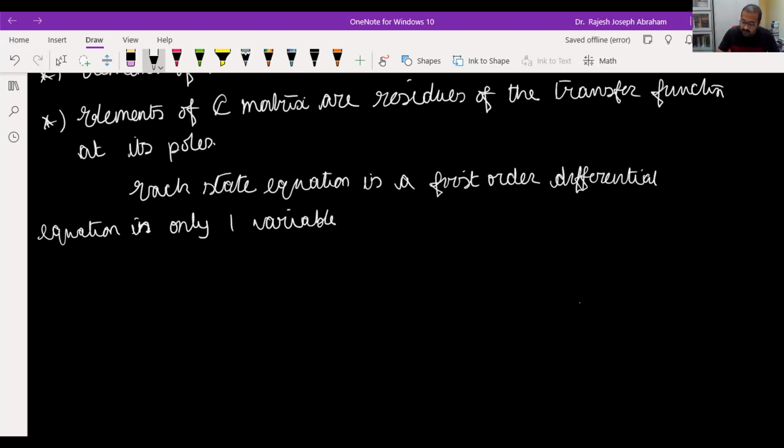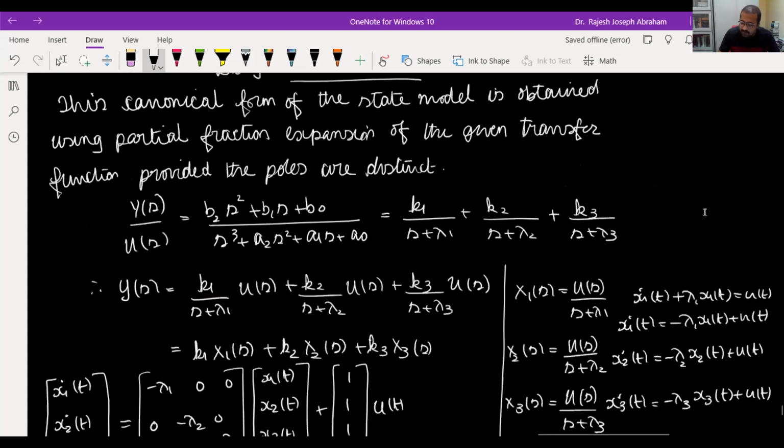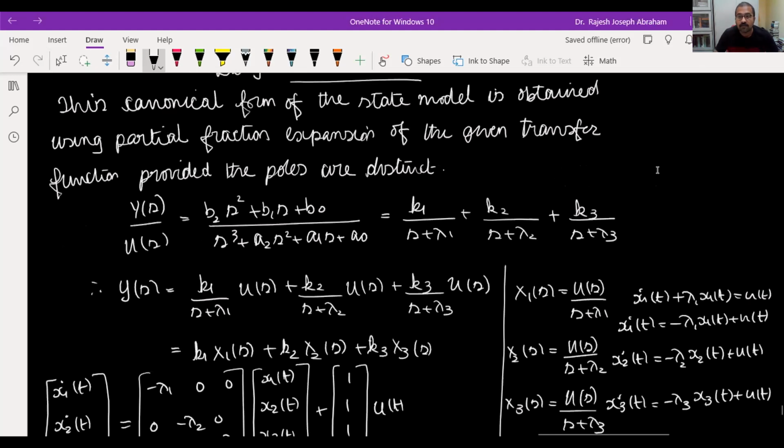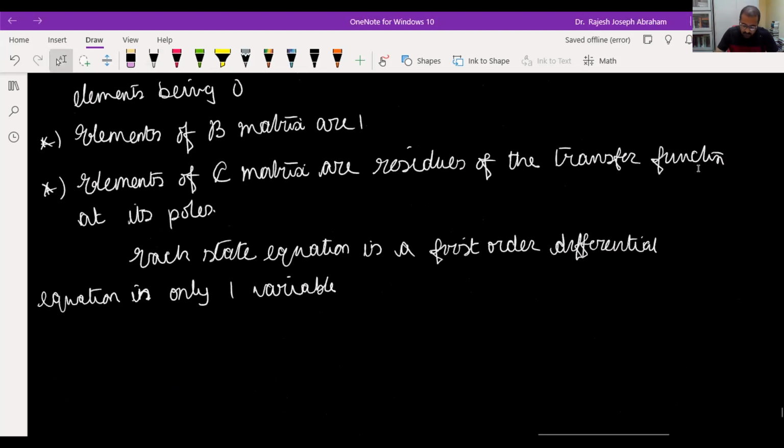Okay, you can see here x1 dot was minus lambda 1 x1 plus u of t. x2 dot was minus lambda 2 x2 plus u of t. And x3 dot was minus lambda 3 x3 plus u of t. Okay, so each state equation is a first order differential equation in only one variable, and hence can be solved independently.